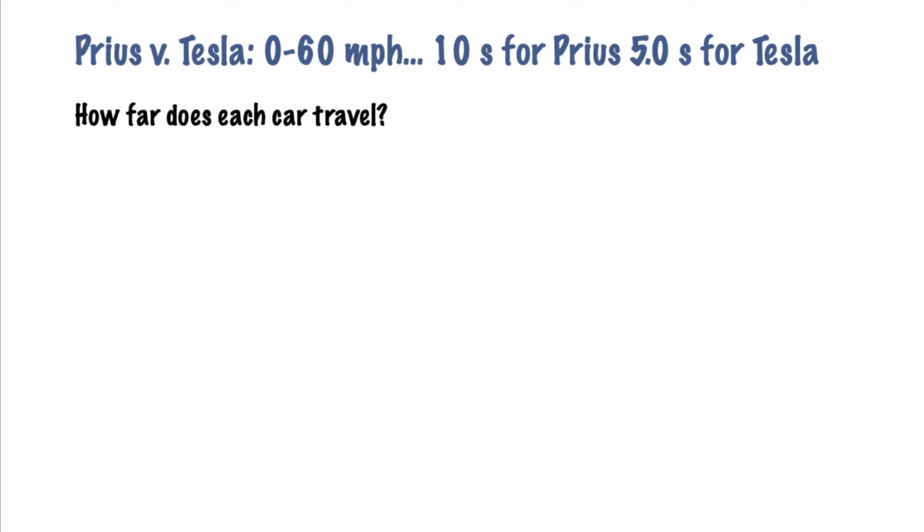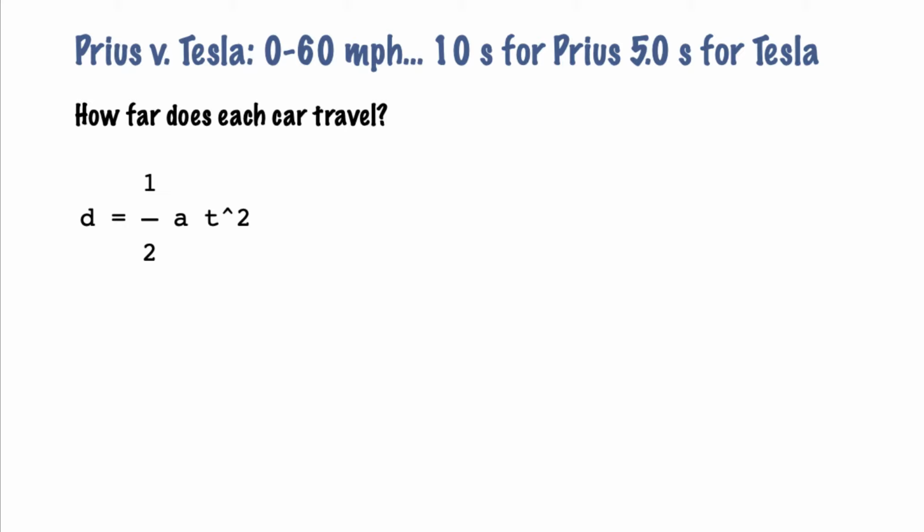They both have the same change in velocity, 0 to 60, but the Prius travels for 10 seconds to accomplish that change, while the Tesla only travels for 5 seconds. To me, that seems to be a pretty clear indication that the Prius is going to travel much further to go from 0 to 60 than the Tesla will. But we don't have to rely on our intuition in order to figure this out, because we have a formula that figures it out for us.